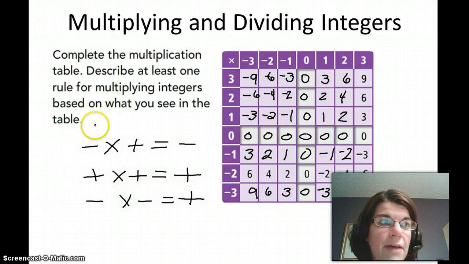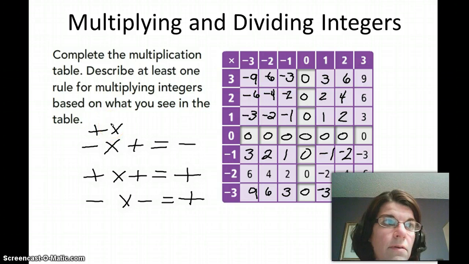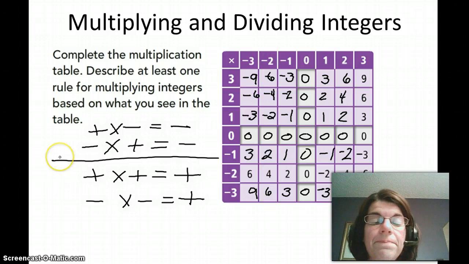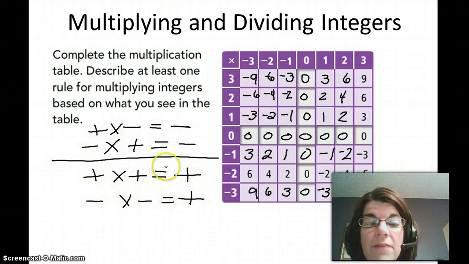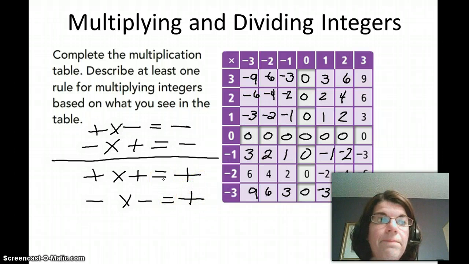We also see a positive times a negative gives you a negative answer. So if I can just separate this, you see two things going on. When the signs are different, look at what kind of answer you're getting. And when the signs are the same, take a look at what kind of answer you're getting. Okay? Let's see if we can find out why.